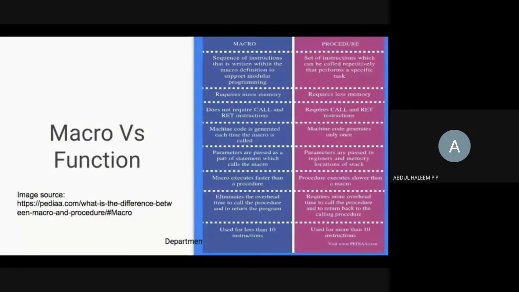Now, instead of reading these obvious things, I would like to pinpoint one fact: how a function is treated in the compilation process and how a macro is treated when the program is actually interpreted, translated, or compiled.